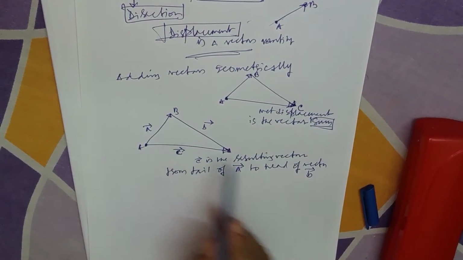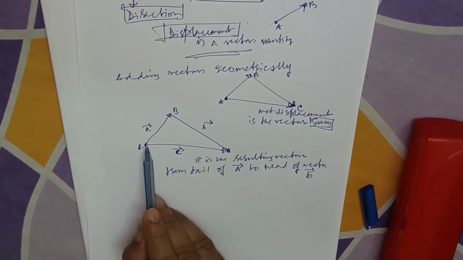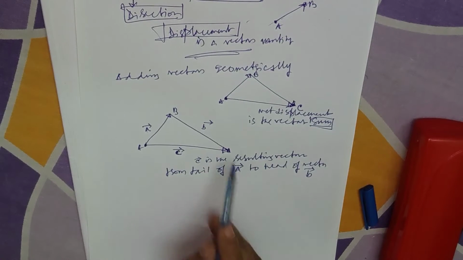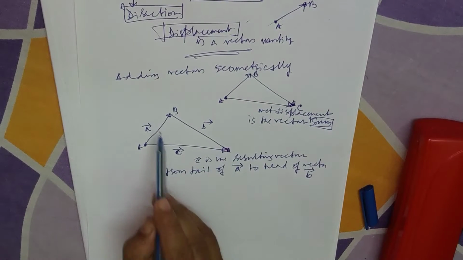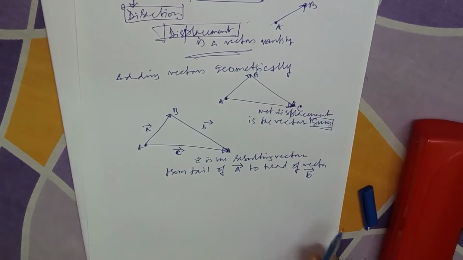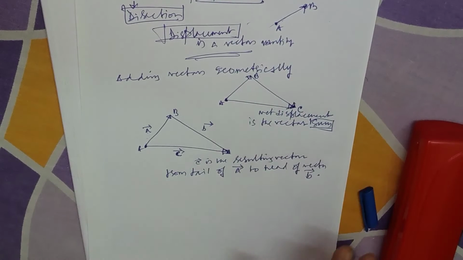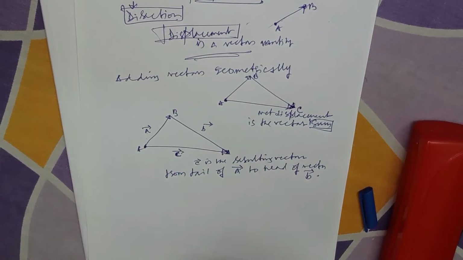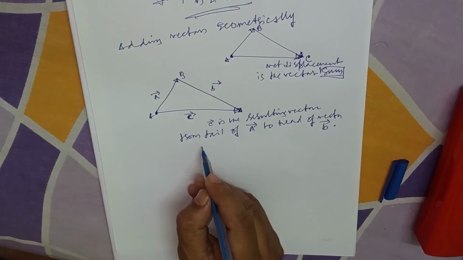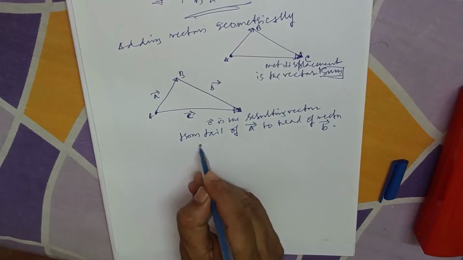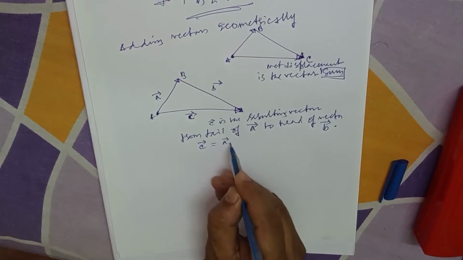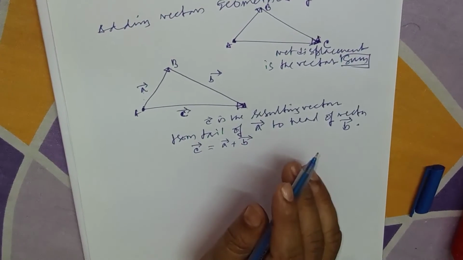This is the tail, this is the head of B. This is head, this is tail, it goes like this, we added like this. So this is geometrical vector addition, the geometrical vector adding formula. So we can write C is equal to vector A plus vector B.